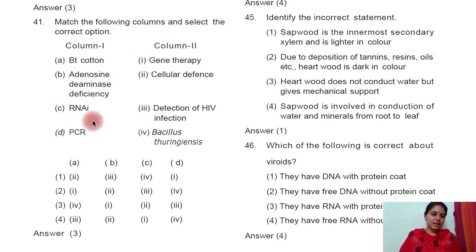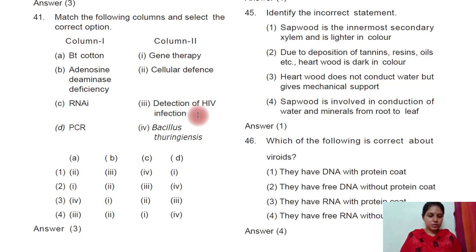And RNAi is for what? We know that it is for cellular defense. Next is PCR. PCR is obviously for amplification, right? So that you will be able to do detection of HIV infections. So next question.